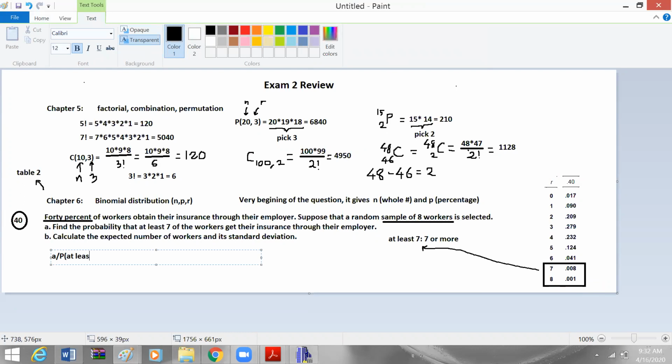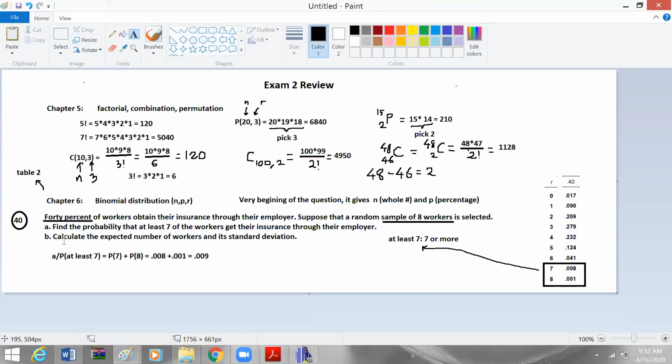So at least 7, meaning that we need to start from 7, and then we add the probability of 8. So R equal to 7, R equal to 8, and then we're going to get 0.008 plus 0.001, so we're going to get 0.009. Okay, and that's pretty much the thing that we need to do on the first part of the question.